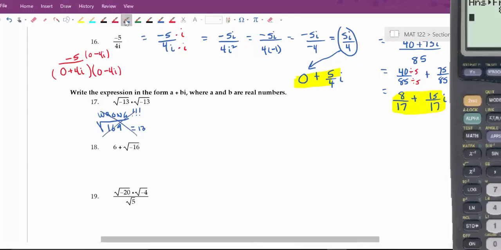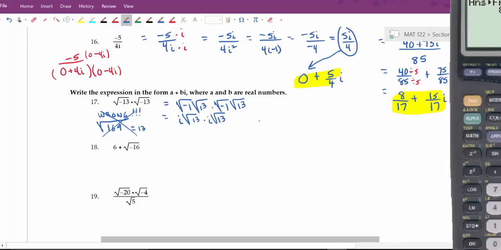And what you have to do instead is you have to remove and write this in the imaginary form. So you're really writing this as negative 1 times square root of 13 times negative 1 times square root of 13. And you can bypass this step, because what you're going to have anyway is i radical 13 times i radical 13.